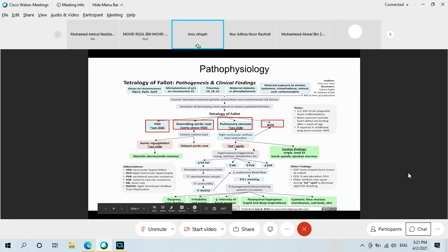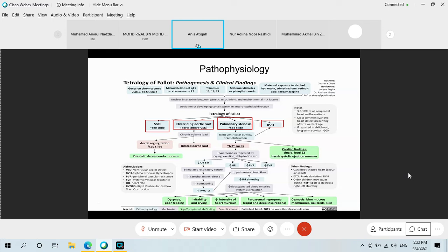As you know, when the child has TOF, it has pulmonary stenosis. When it has pulmonary stenosis, it will cause increased resistance for the right ventricular outflow. So the right ventricle needs to contract harder to overcome the resistance. That's why it will become right ventricular hypertrophy.